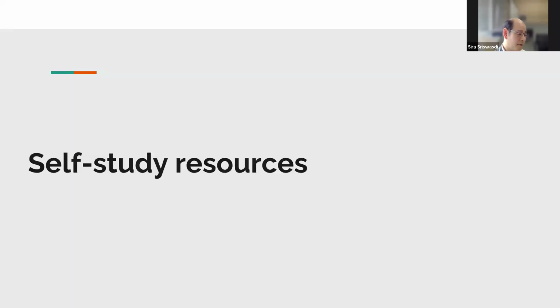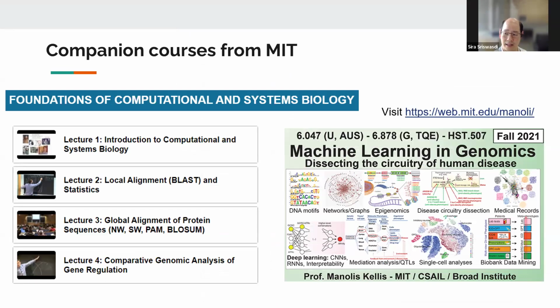Okay. So for those of you who are advanced, who have some experience, I can recommend further self-study resources. First are the courses that I have taken from MIT OpenCourseWare. Foundations of Computational Systems Biology is a more technical take on the topic that we are going to learn in this class.